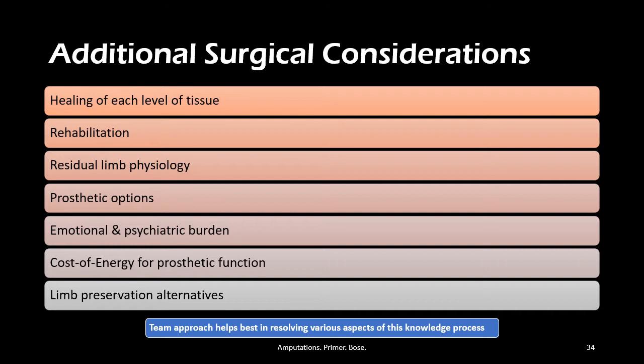That is also an important consideration because it takes more energy to ambulate and move around with a prosthesis. And what are the other alternatives to preserve the limb? Has every alternative been considered? These are aspects that a physical therapist can be asked to contribute to in that decision making process.